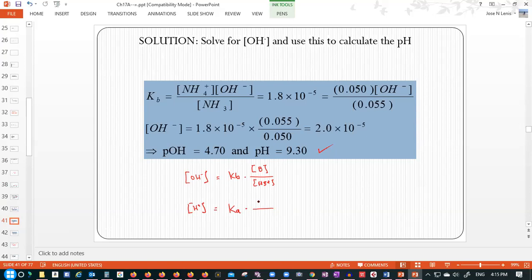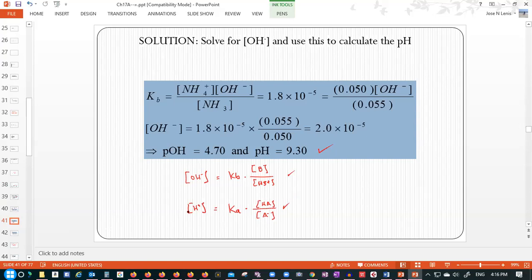What's going to be here? Yes, the concentration of the acid over the concentration of the conjugate base, which is A minus. Bingo, we did it. That's how you calculate the pH or pOH of a buffer. This is for a basic buffer and this is for an acidic buffer.